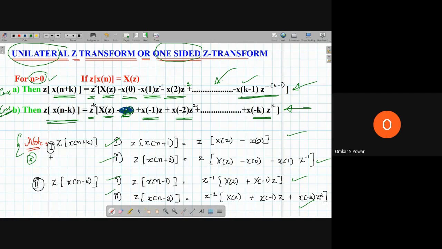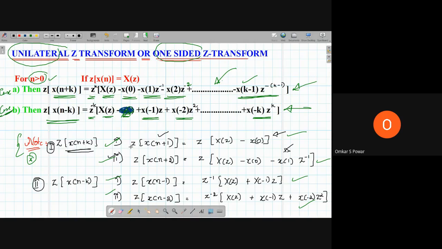So first we will take z transform of n plus k. There we will replace k is equal to 1 and then write the generalized formula so that we can keep this in mind while solving the problems for difference equation. And then for k is equal to 2 we will write it and keep it in our mind. For k is equal to 3, it's easy, just substitute here.